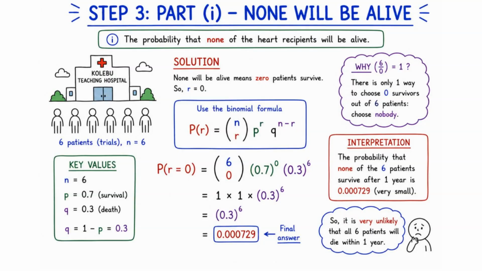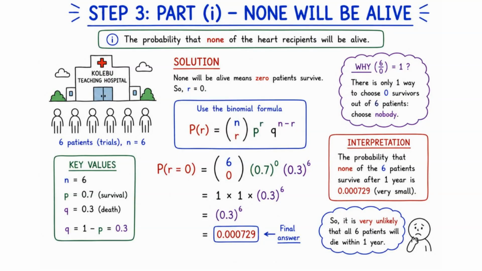And you will notice that 6 combination 0 equals 1, because there is only one way to choose nobody. Only one way. Also, 0.7 raised to the power 0 equals 1. So any number to the power 0 is 1. And that leaves us with 0.3 raised to the power 6.